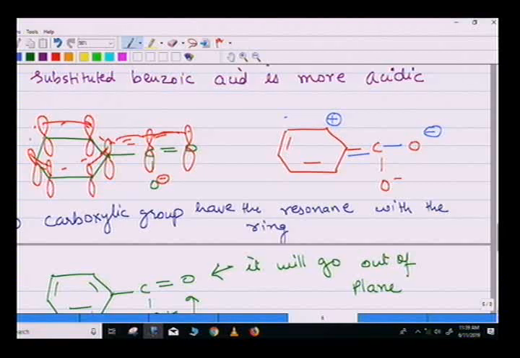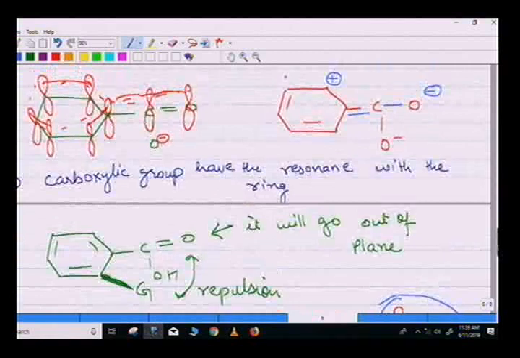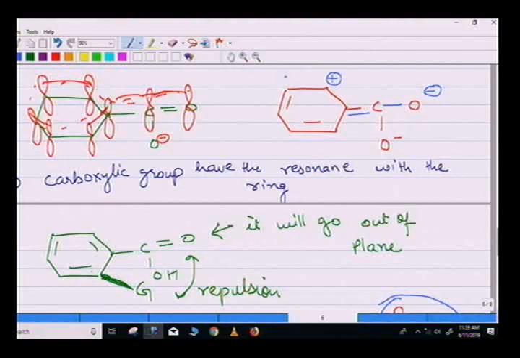But when it goes out of the plane, you can write that due to the G group there will be a repulsion, and that particular group goes out of the plane. Sisipur, I hope you are okay with this.